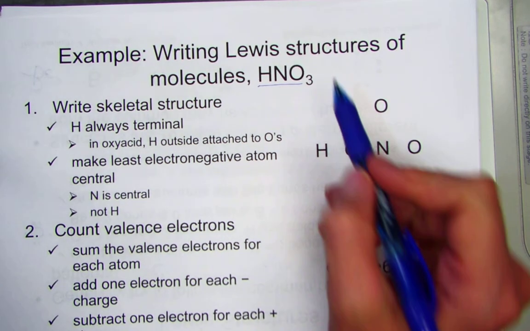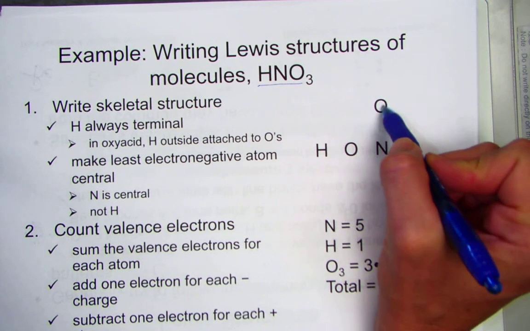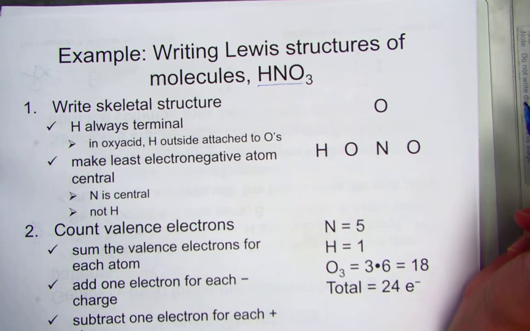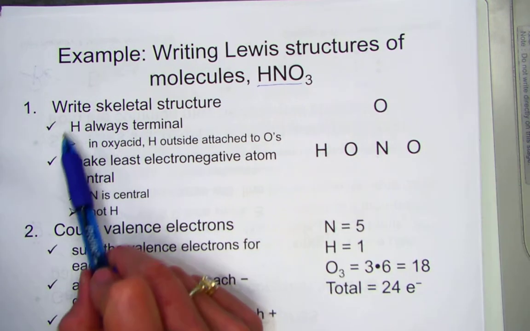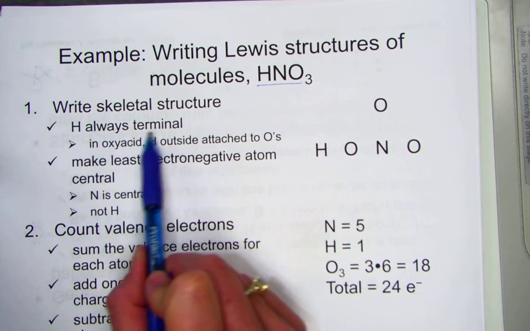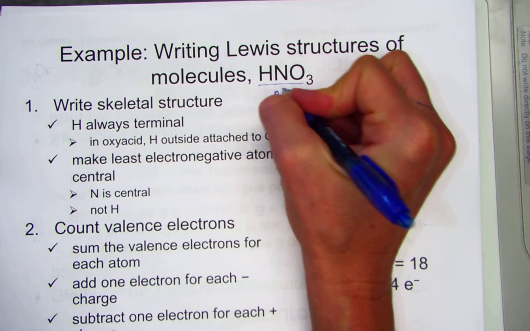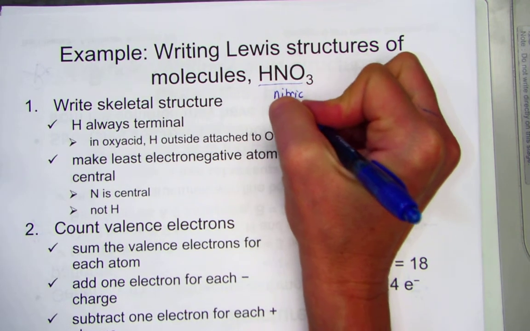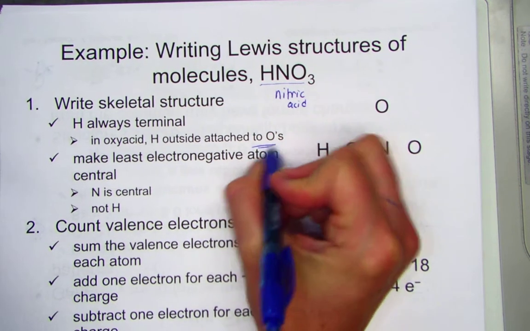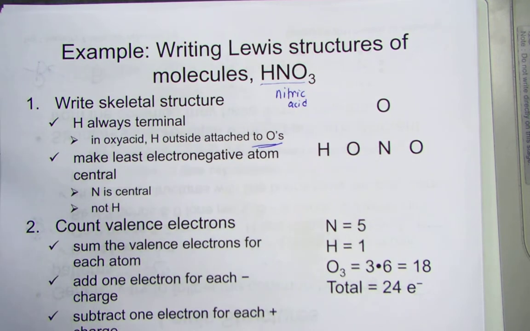I would not start hooking oxygens all in a row, but always connect back to a central atom. Hydrogen is always terminal. In an oxyacid, which this is, it's called nitric acid, hydrogen will attach to an outside oxygen. Leave hydrogen for last and plug a hole with it.